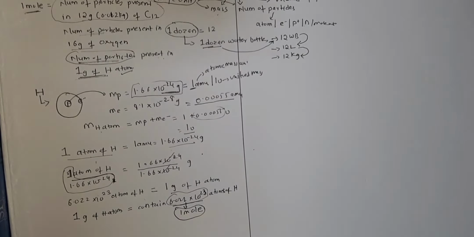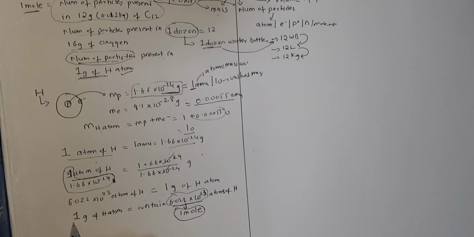And remember, this 1 gram of hydrogen, the mass of hydrogen will not be called atomic mass, it will be called gram atomic mass.